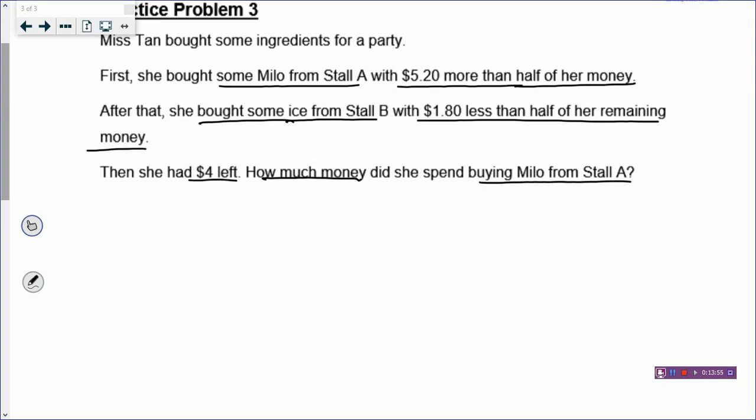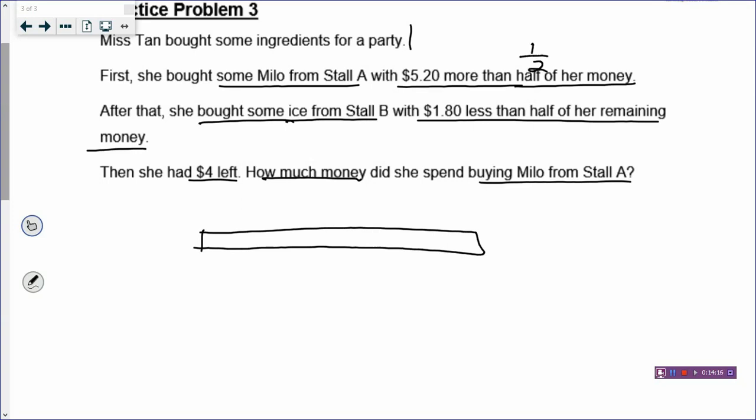Okay, so let's draw out the sentence. If you're going to draw a parts whole model, the first sentence you can always draw a rectangle, which is the money. The rectangle represents the money. She bought some Milo from store A with $5.20 more than half of her money.